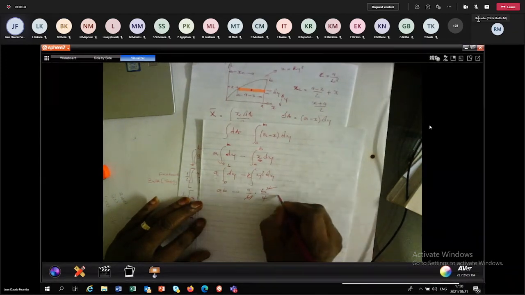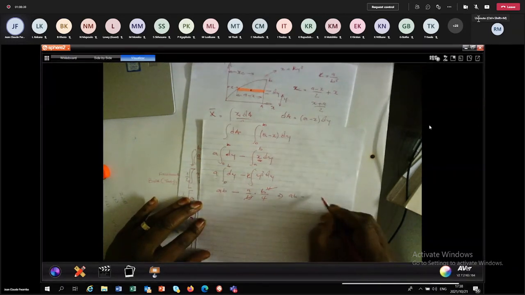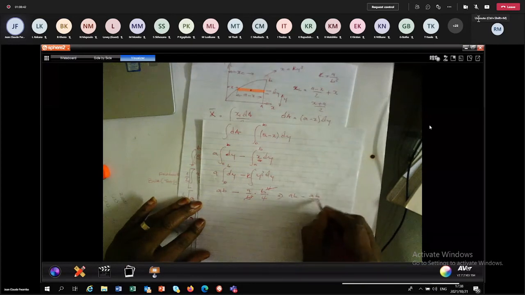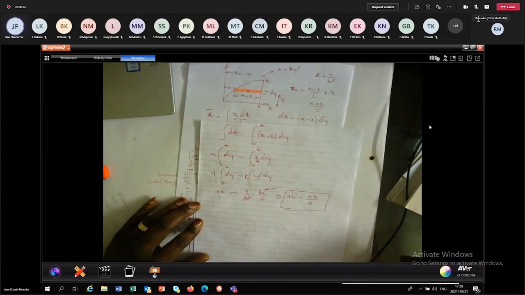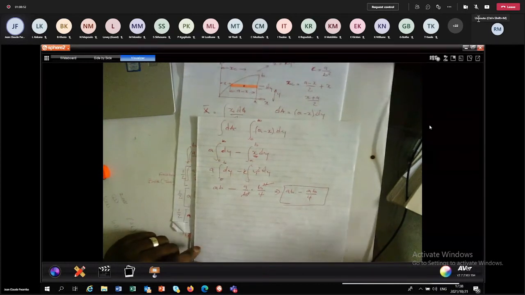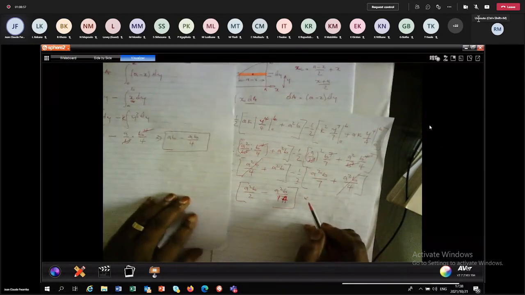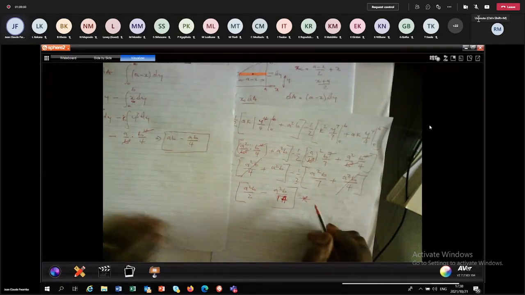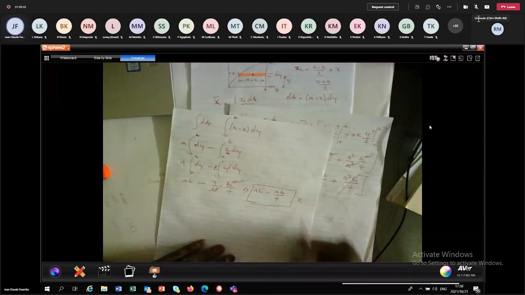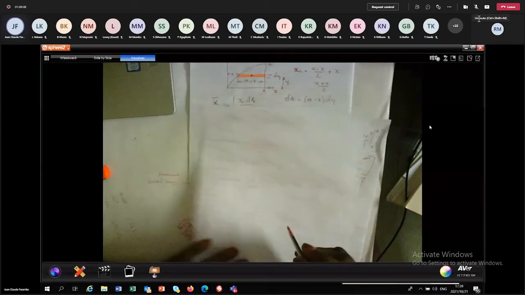So this will be ab minus ab over 4. Get the common denominator, and at the end of the day it will be this numerator divided by this denominator to get your x bar.